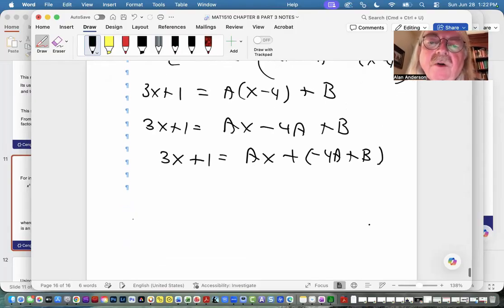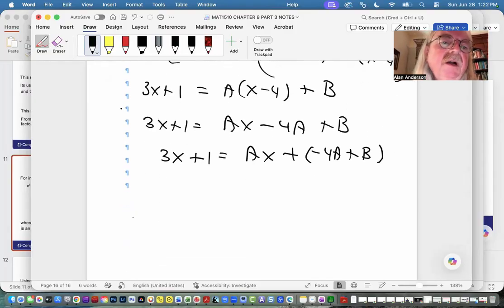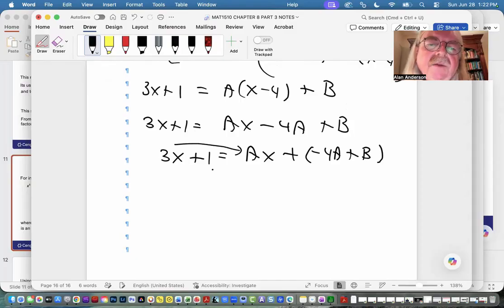And so again, we're equating the coefficients when we do this. So this implies that 3 equals a and 1 equals whatever this is.